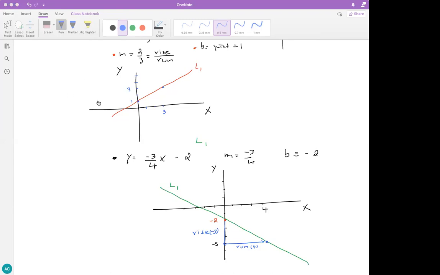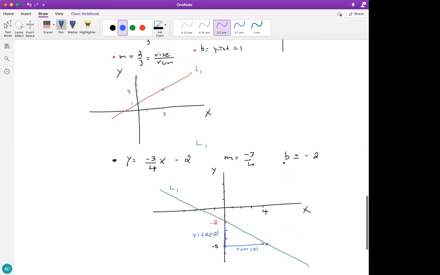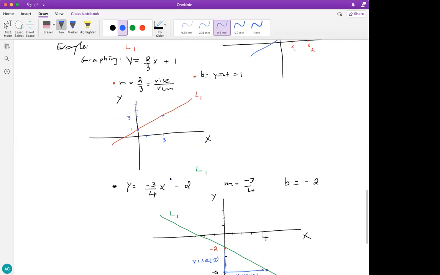So slope intercept. Another thing, sometimes you can write, so see how from here we extracted the M and B from the formula.